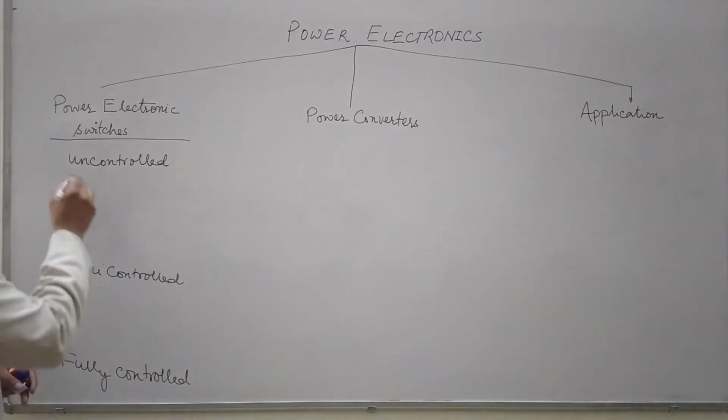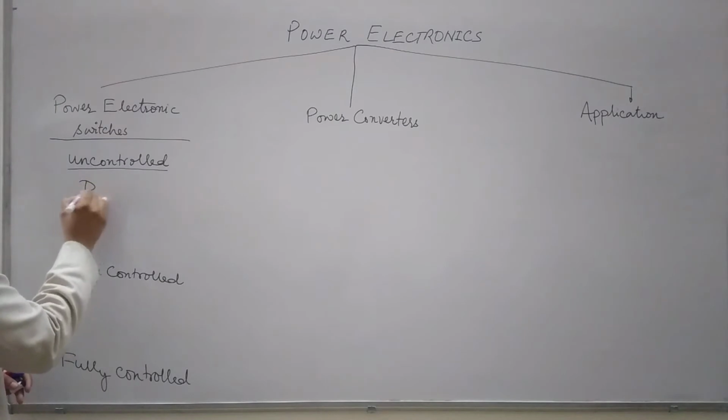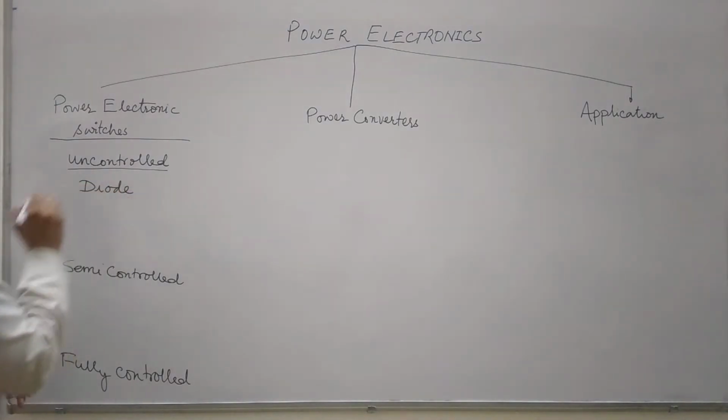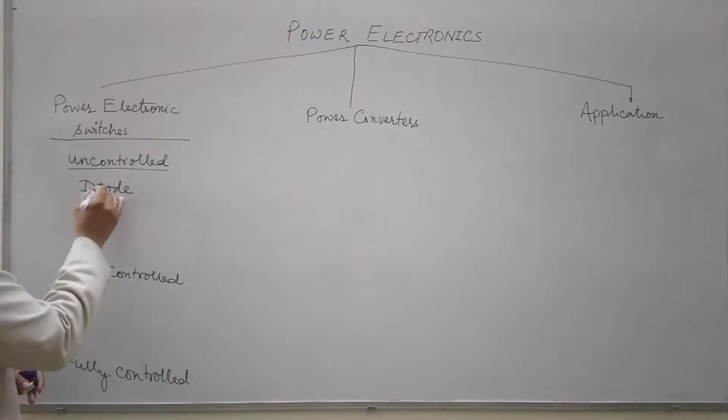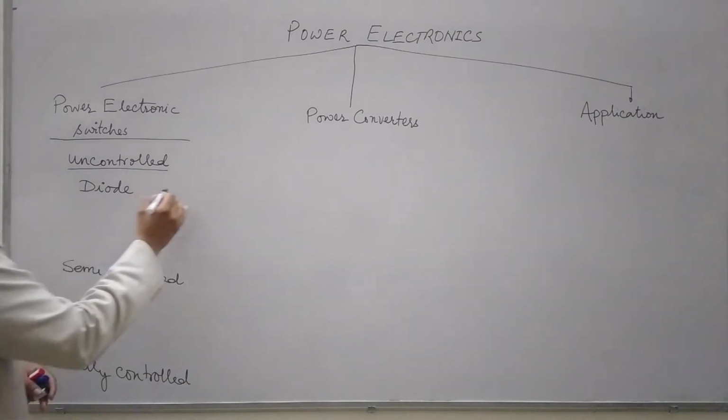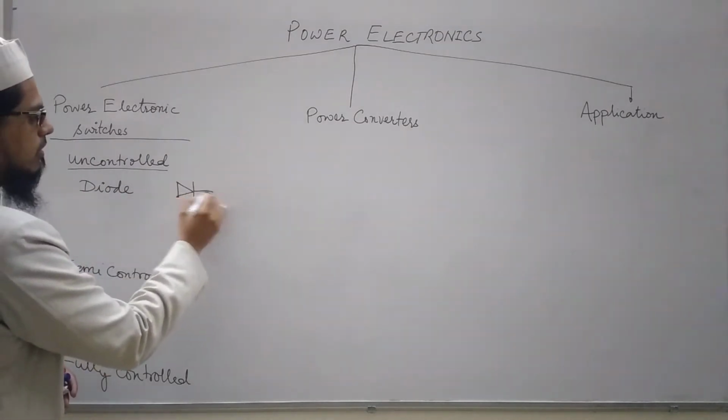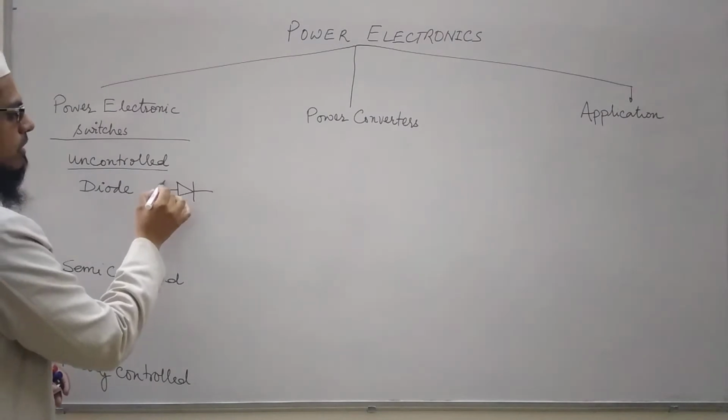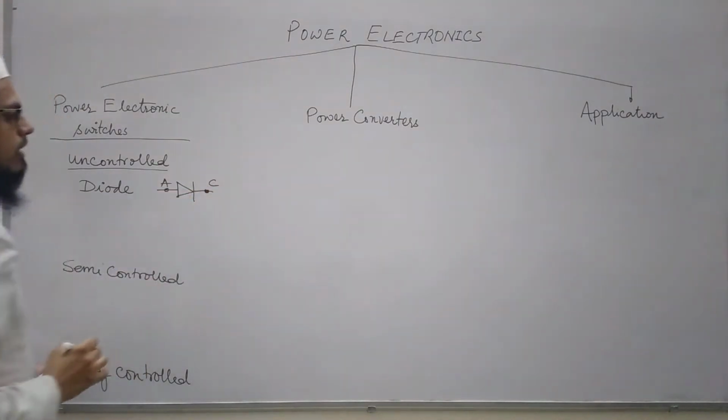Uncontrolled switches include the diode, and you know what is a diode. So we have an anode and a cathode here.